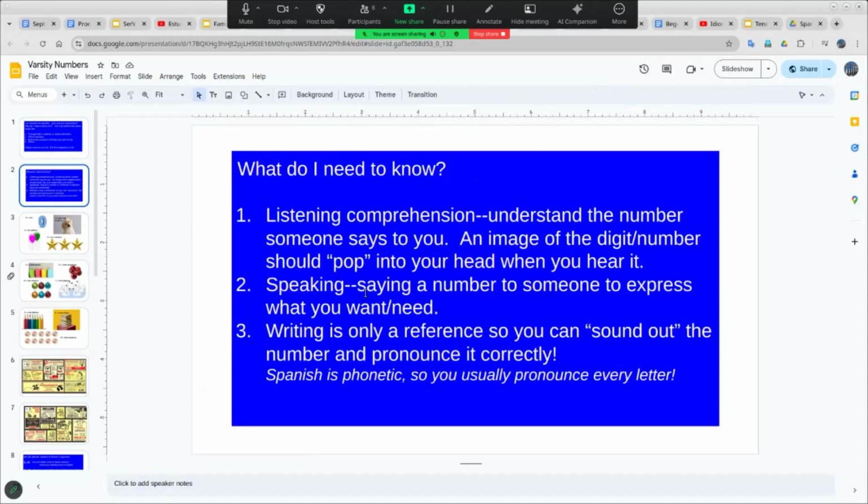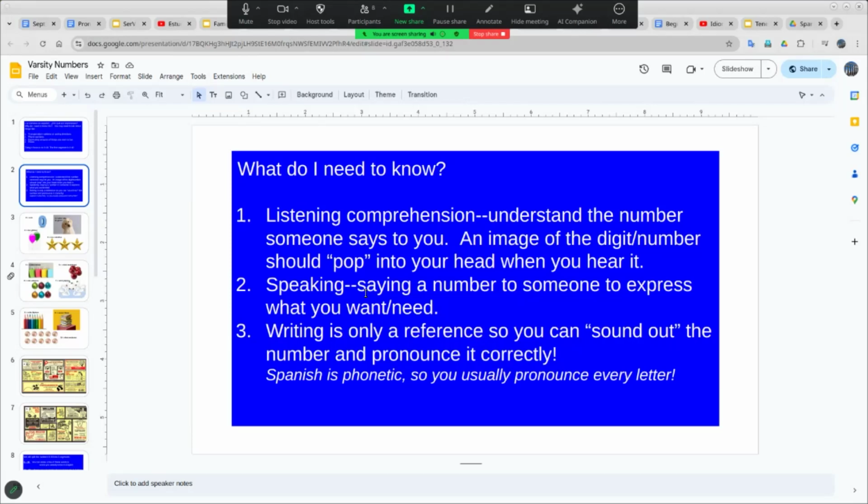But what do I need to know about numbers? Your most important thing with numbers is comprehension when you hear them. The number one skill, the first thing that will click and wire into your brain, is hearing a number and recognizing that number. If I say 5, your brain is not going to think of the word five in English.